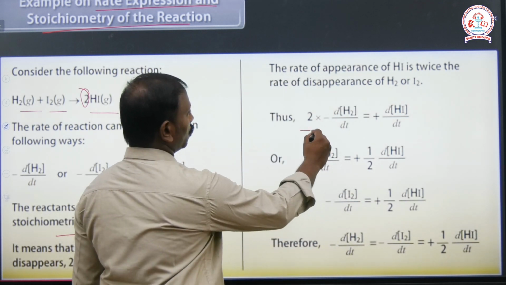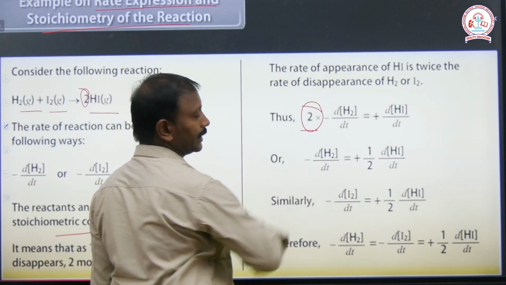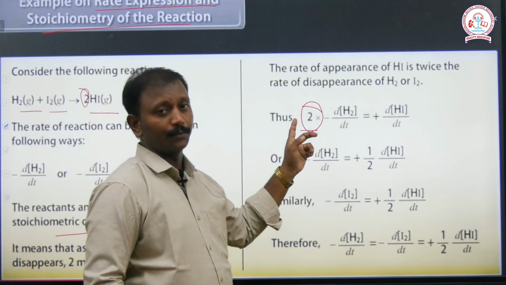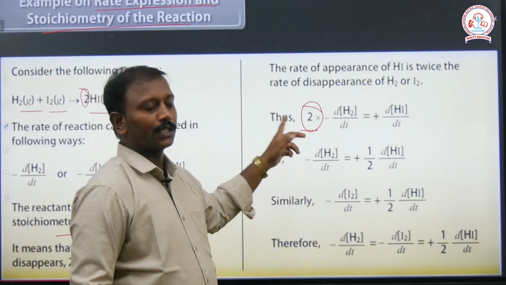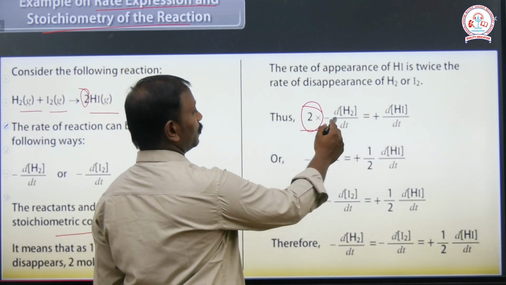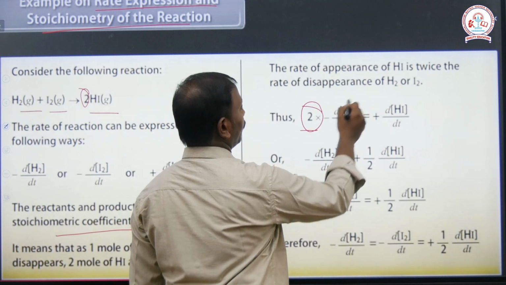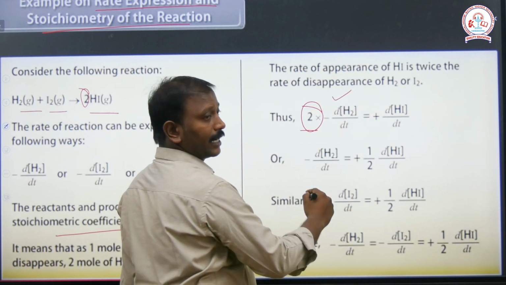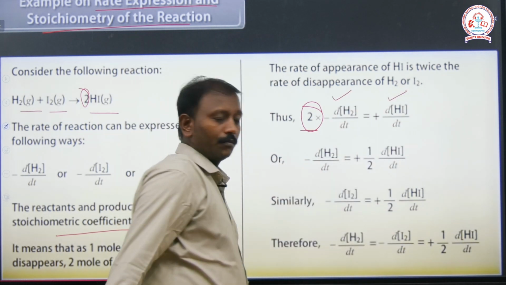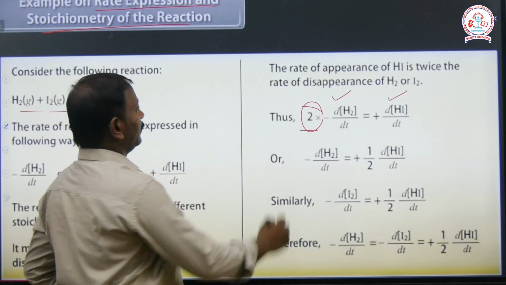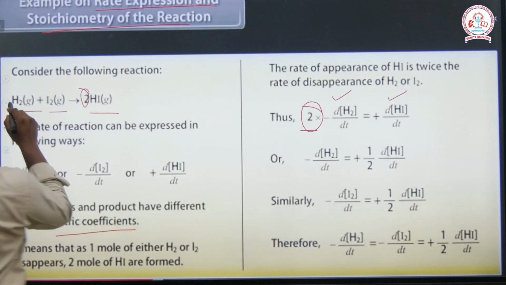Why are we putting 2 here? Because 1 mole is giving twice the value of its disappearance. So that's why we put 2 here: 2 into minus d[H2]/dt and plus d[HI]/dt. Twice the value of hydrogen iodide is formed from 1 mole. So simply we say half the mole.